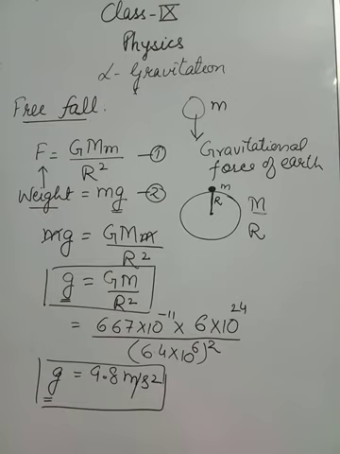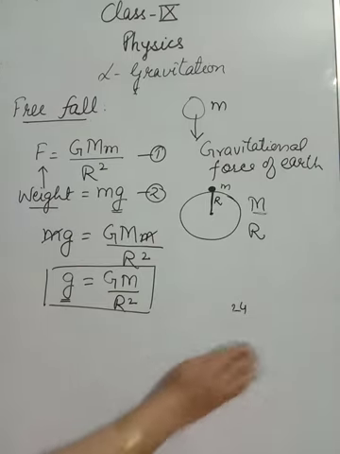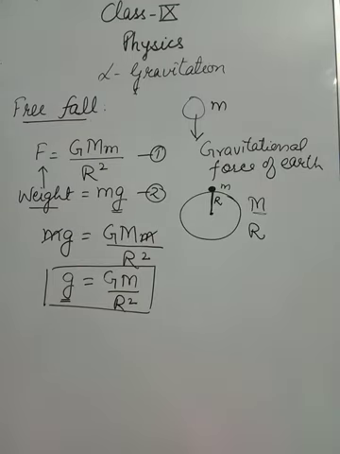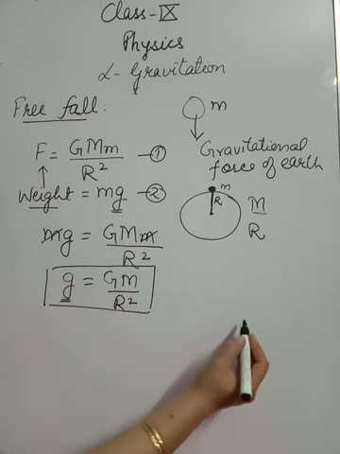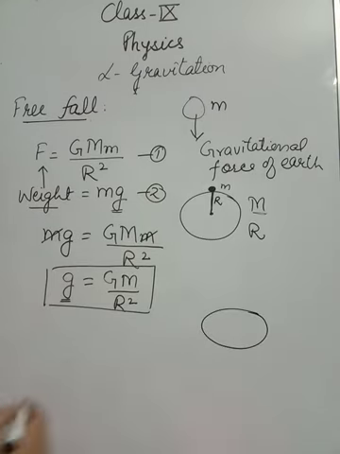So see children, here we are getting the equation that g equals GM upon r square. Right now I will explain how it varies on the surface of earth. So we know that our earth is not a complete sphere, rather it is a little bit oval in shape.